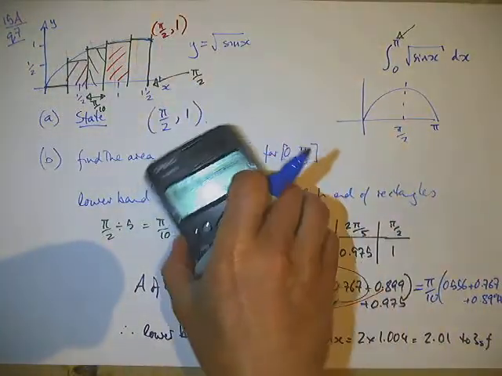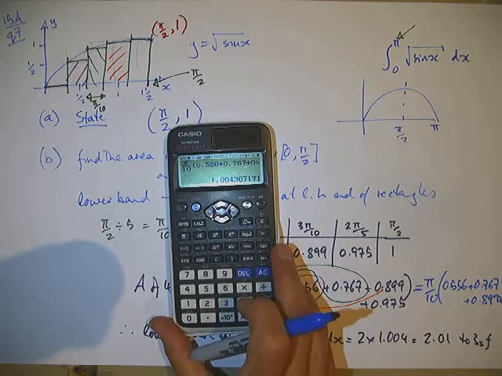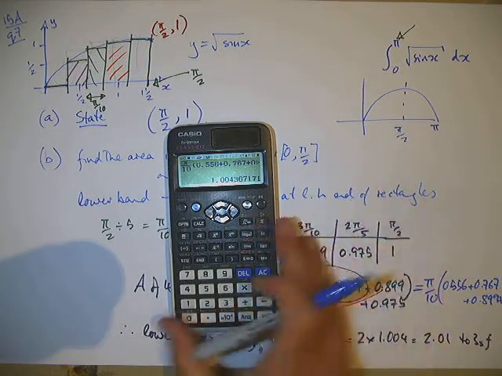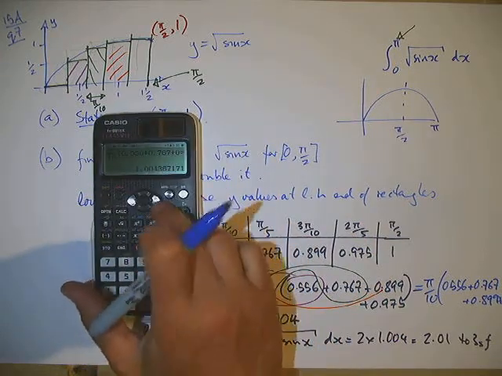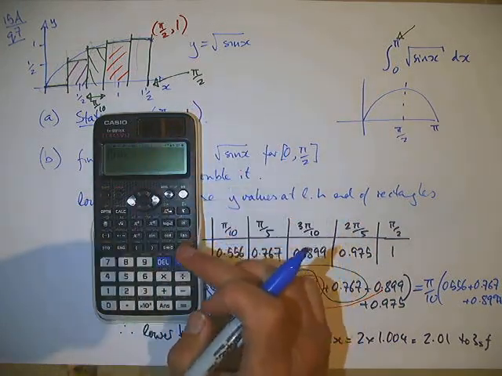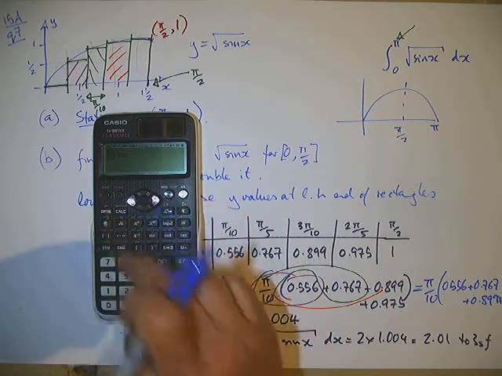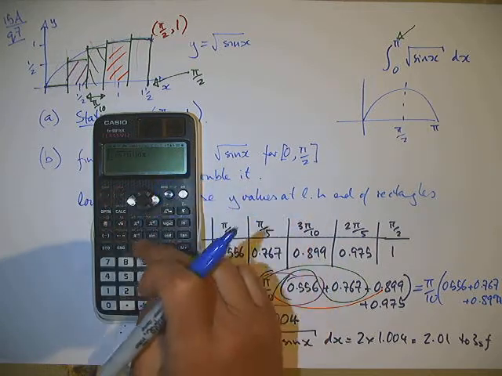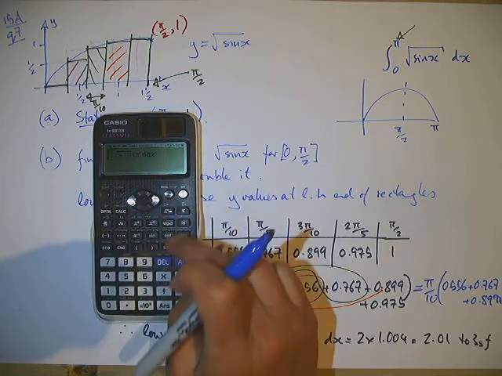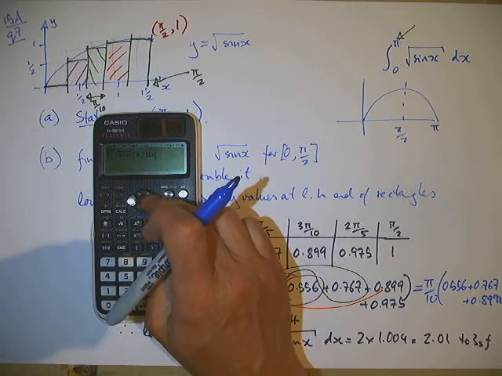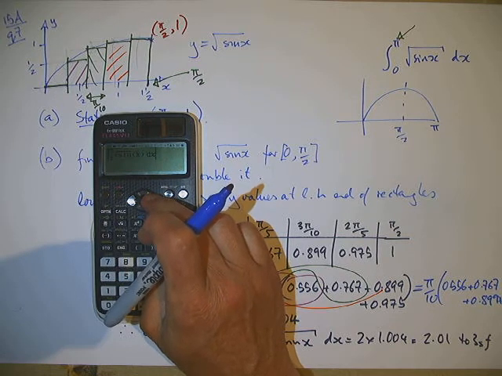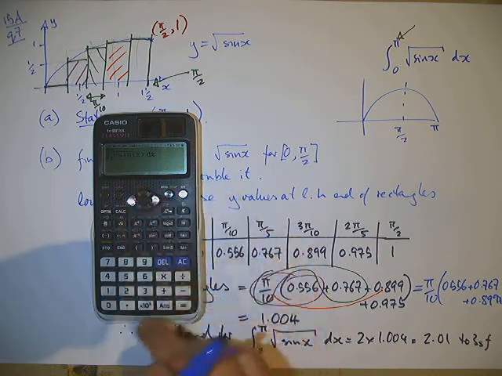Can we find an actual answer? Yes, we can now, because we can use this button. In fact, perhaps we should, the final thing we could do is, I'm in radians mode, I can type in root sine x, close the bracket, put the limits in. Oh, they are there, so I have to put the limits in.